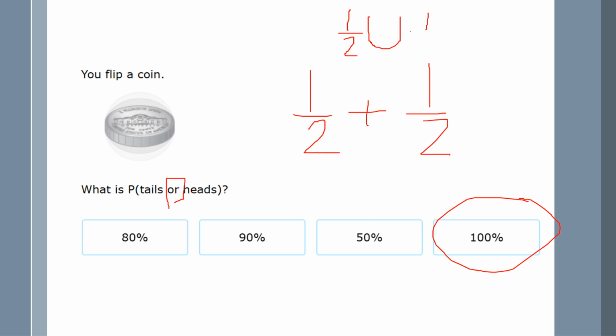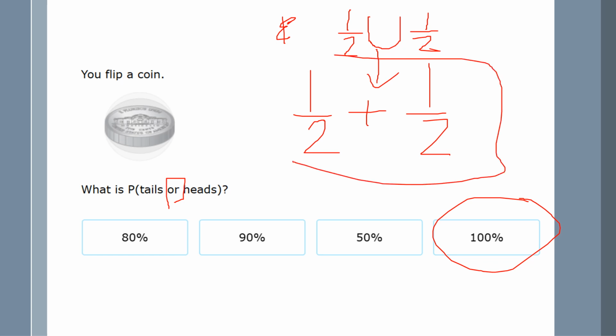This is what this represents. That's what that's saying. The U shape is union, but we won't talk too much about that for now. The only thing you have to worry about when you see or is adding the probabilities like that, and that's what I'm going to test you on.